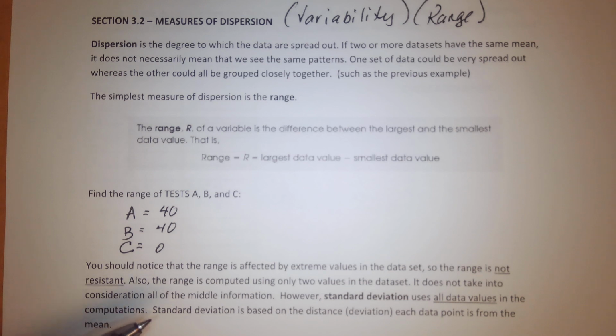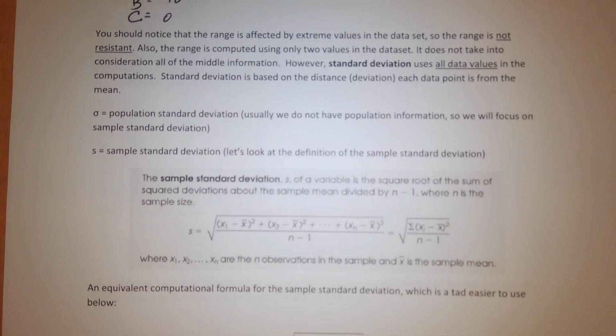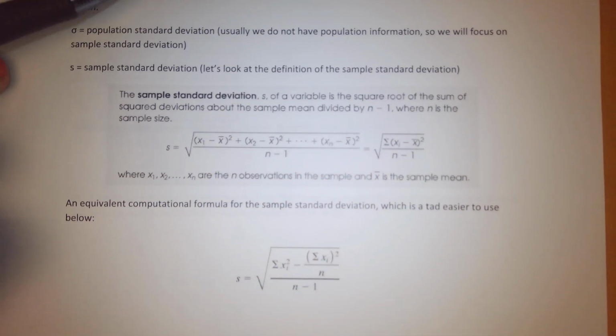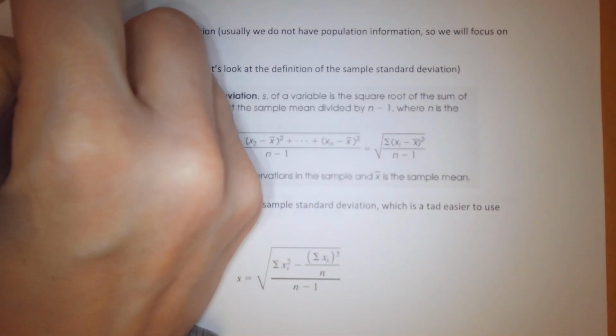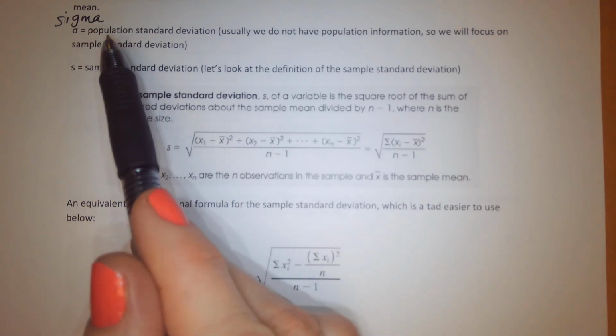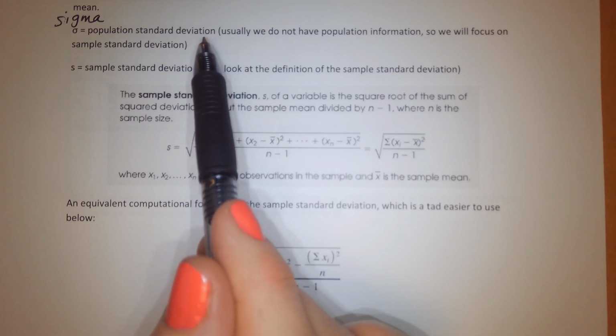Standard deviation is based on the distance, or the deviation, that each data point is from the mean. So here's some formulas for you. This is sigma, another Greek letter for you. Sigma looks like a circle with a hat, and it is the population standard deviation.